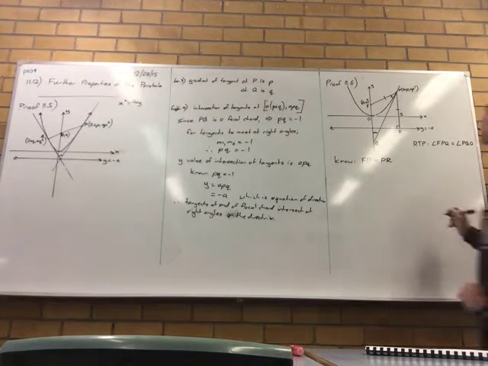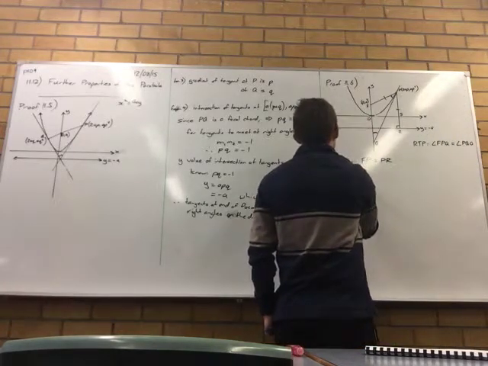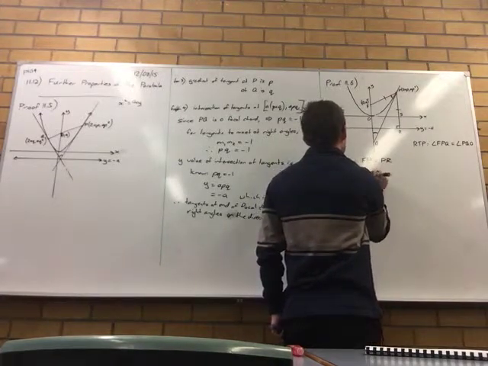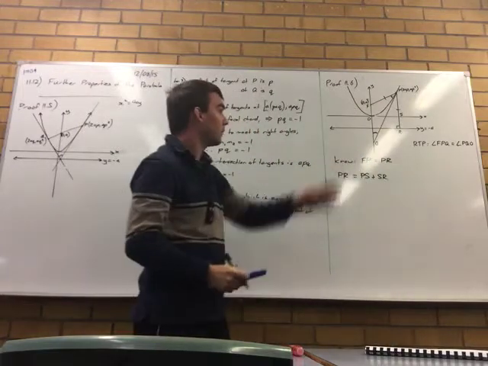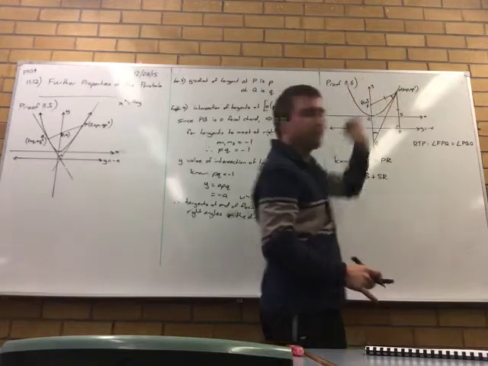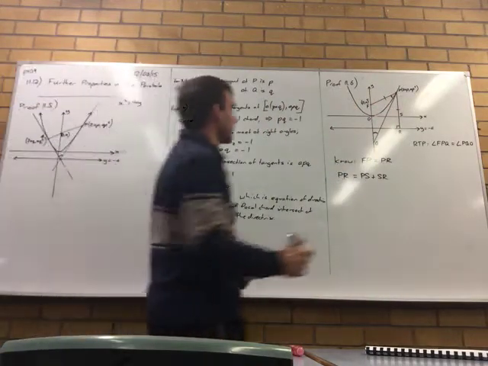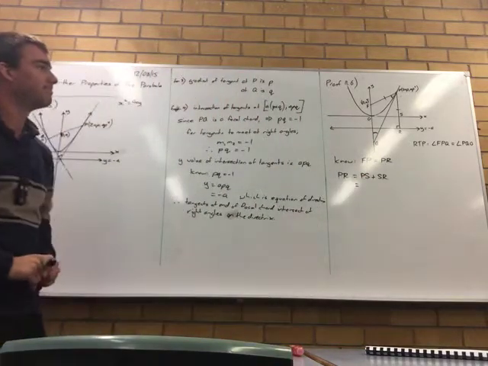Alright, so PR is equal to PF plus SR. So that vertical line there, the whole line there, is equal to that plus that. How long is PF?